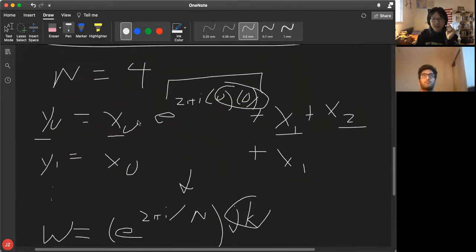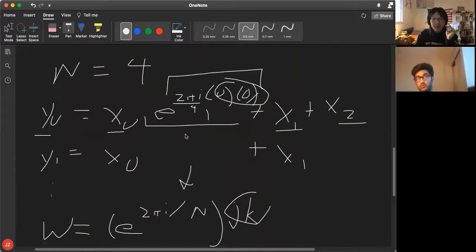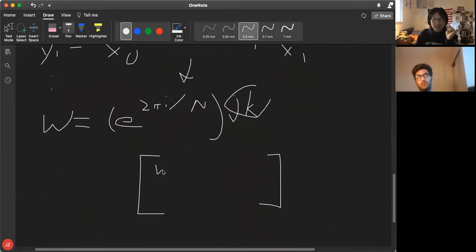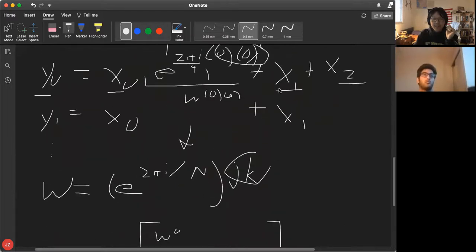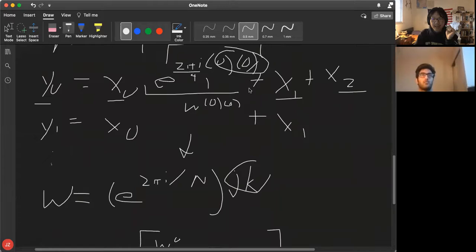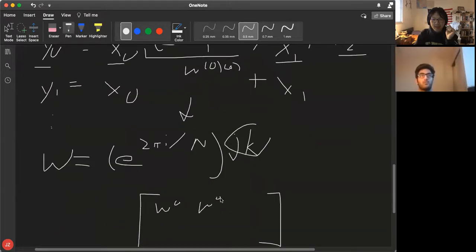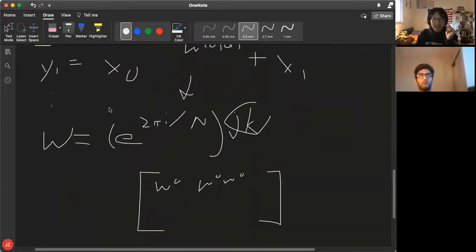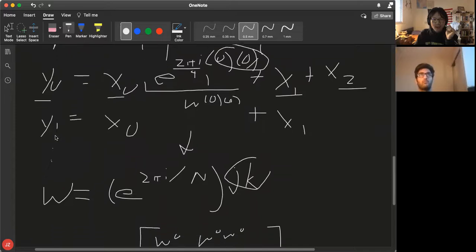So if we look over here, this e to the 2 pi i over n, in this case n is 4, that'll be omega, but this is omega to the 0 times 0 power. So as a result, omega 0 goes here. And you still see the same pattern as you keep going down this sum. The same thing goes if you went from y sub 1 all the way to y sub 3.